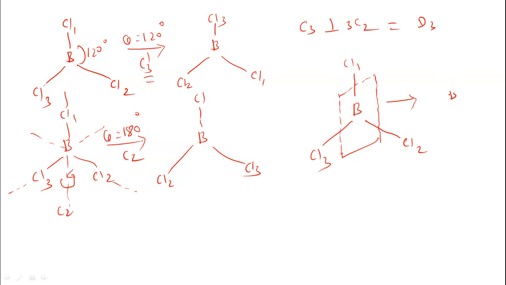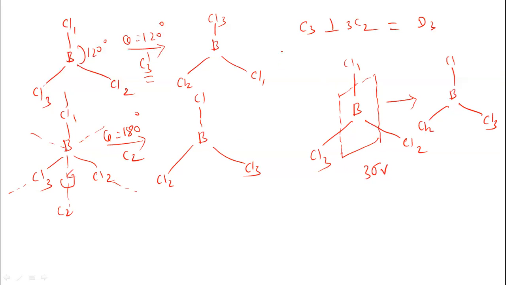So the configuration can be shown this way: chlorine 2 is now here, chlorine 3 is here, and this remains as it is. So this is one vertical plane. Similarly we can show another vertical plane here, and another here. So it has 3 sigma v.